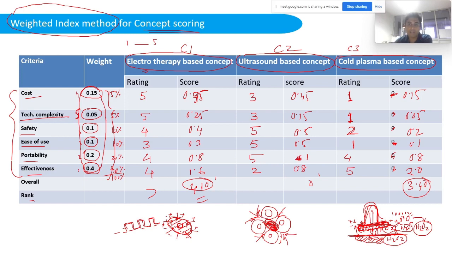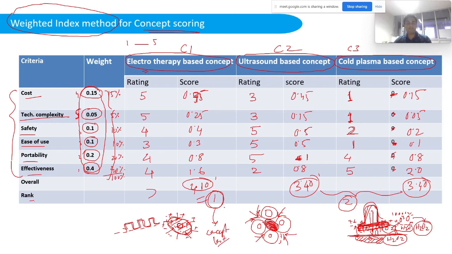So 8, 5, 13, 13, 18, 19, 23, 20, 24, 24, 2, 2 plus 1, 3. So these are ties, okay, but this is definitely the winner. So in terms of ranking, we give this the highest ranking. These two are second best ranking. So then we can select this particular concept and go for concept testing.